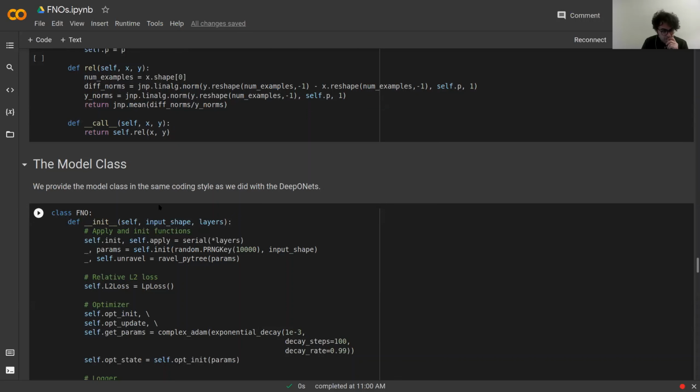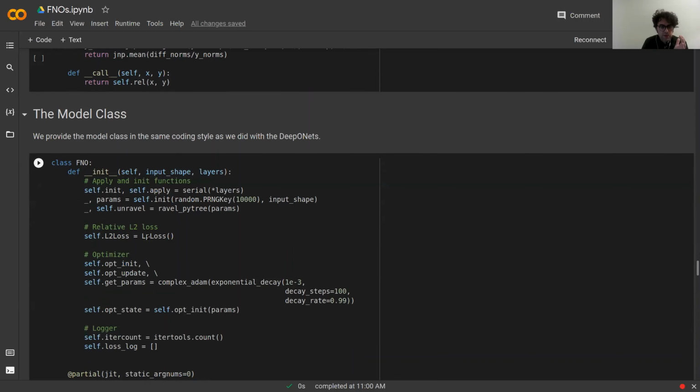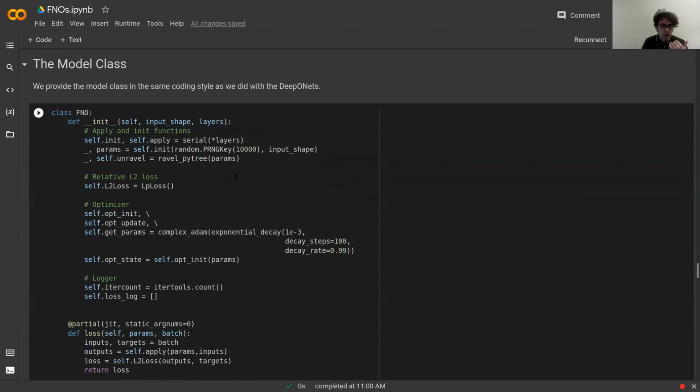Okay, so if you remember, again, we need to define a layer, and this layer is a composition of layers, it's a composition of transformations, the ones that we talked about above. So these three transformations, dense, permutation, and FNO block 2D, put them serially together to get one layer, that's a big layer, which is a layer of serial transformation.